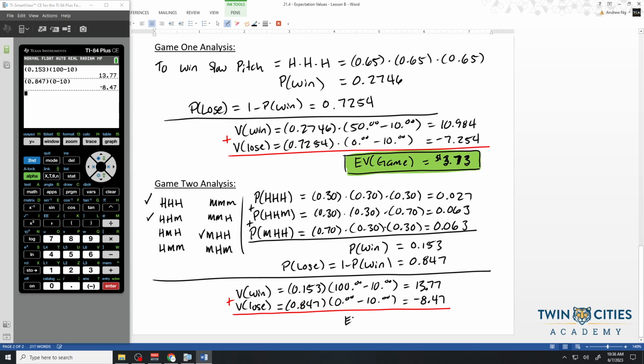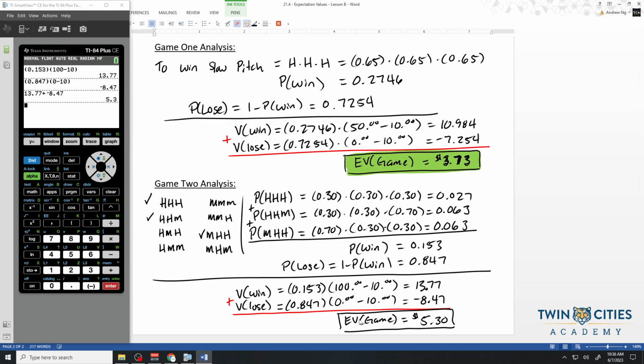All right, the EV of this game: add these together, 13.77 plus negative 8.47. This gives me an EV of 5.30. Or in other words, each time I play, I can expect, on average, to win about $5.30.